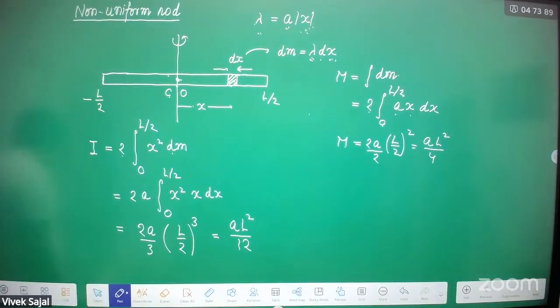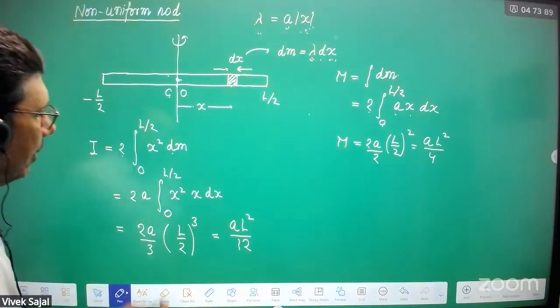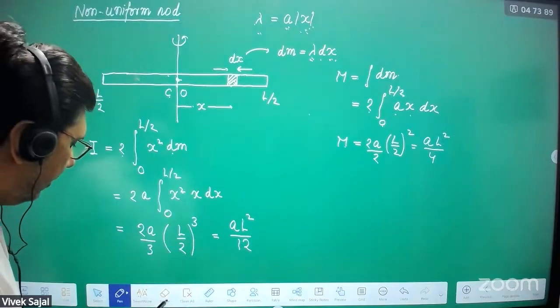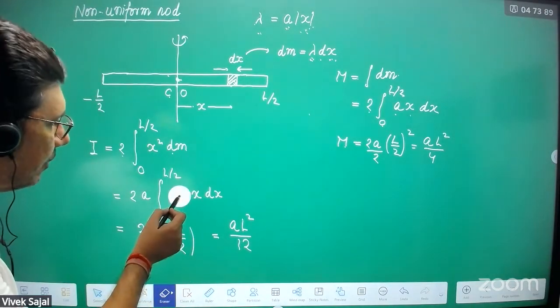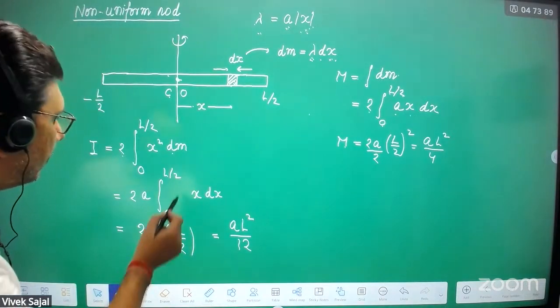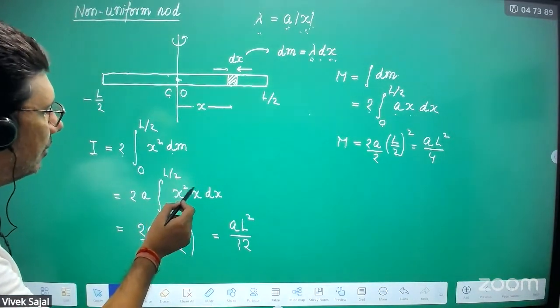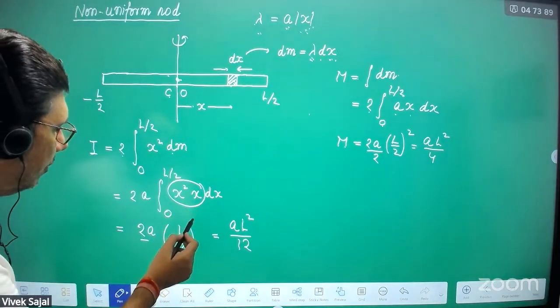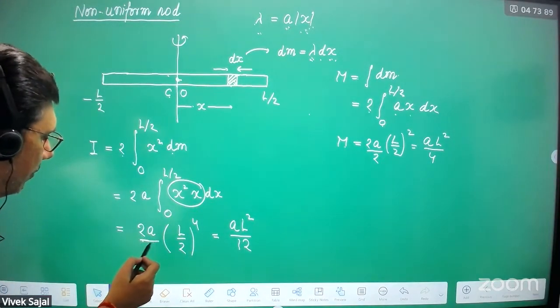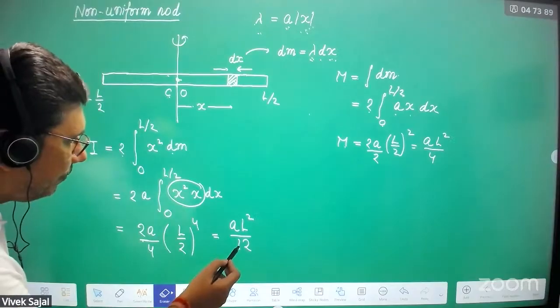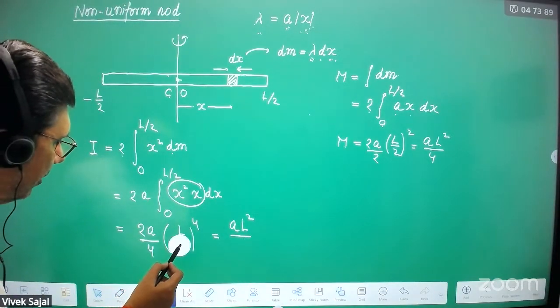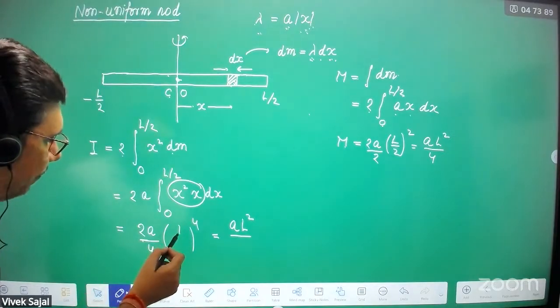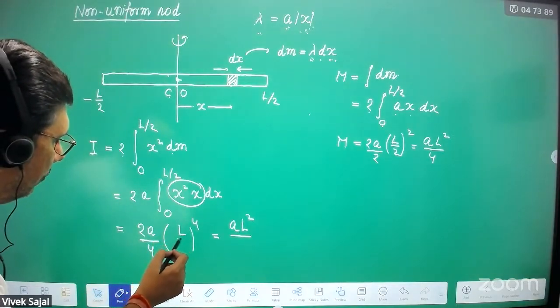Sorry, L raised to 4. Sorry. Let me correct it. Actually, I wrote this x, but this is x square, so this is becoming x cube. Sorry. So write here 4 and make it 4. Now it will be correct. So here it will be, sorry, this will be L by 2.